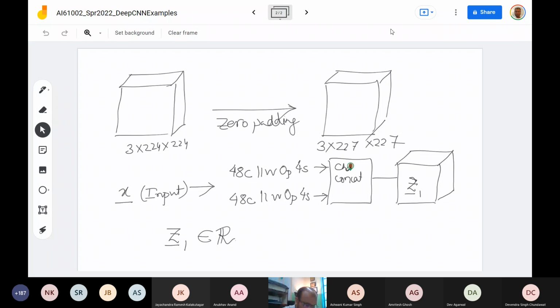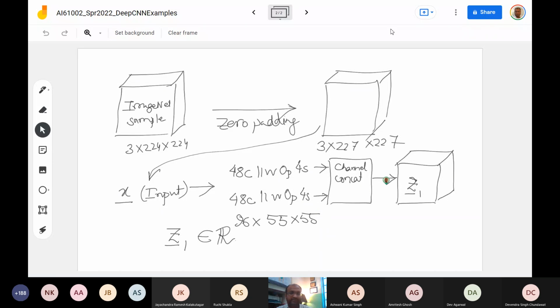Okay. Now, what will be the width and height? The input is 3 cross 227 cross 227. 55 cross 55. Okay, so this was my intermediate tensor Z1.